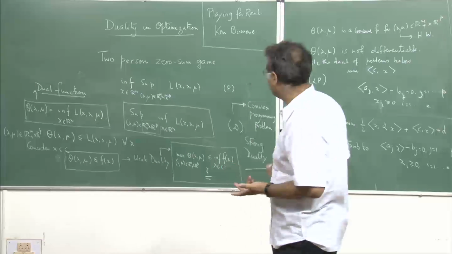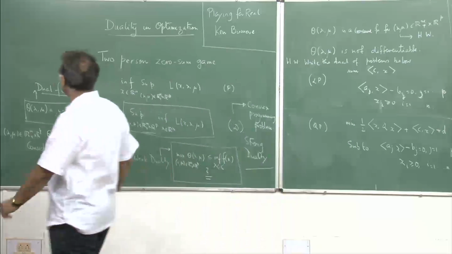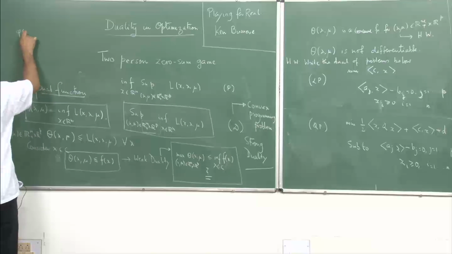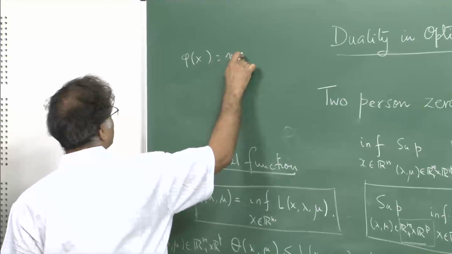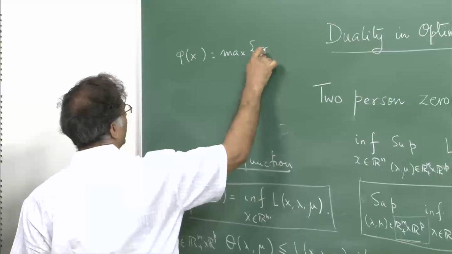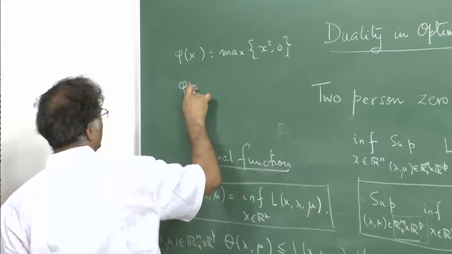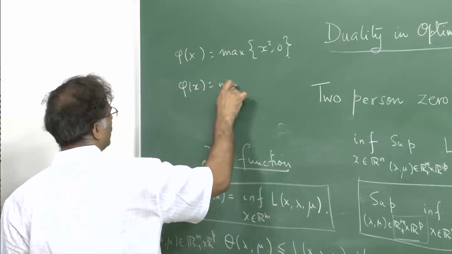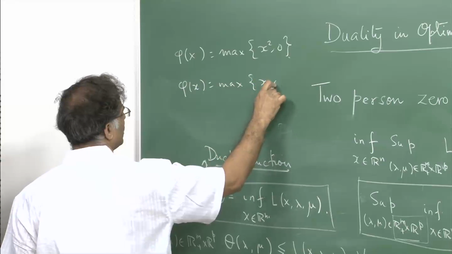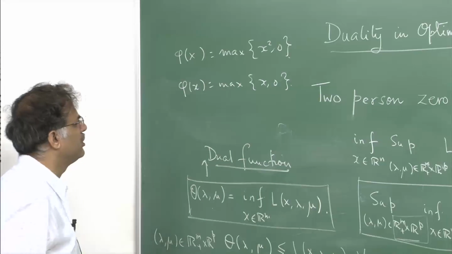For example, I will just give you a function. If you take phi x is max of x square and 0, this is differentiable, but if you take phi x as max of x and 0, this is not differentiable.